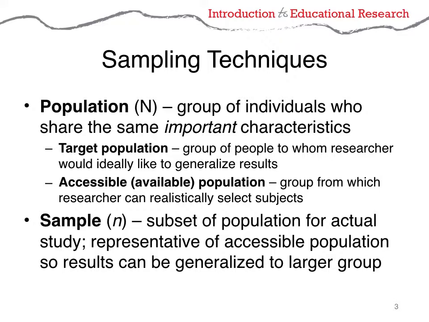And then there may be the accessible or available population. This is who you can realistically get access to from a research perspective. Now, a sample, of course, is the subset of a population, and it's meant to be representative of the accessible population, so that you can generalize to a larger group.